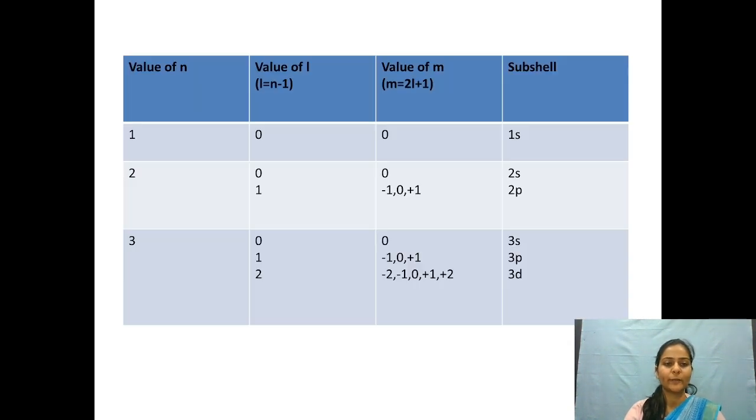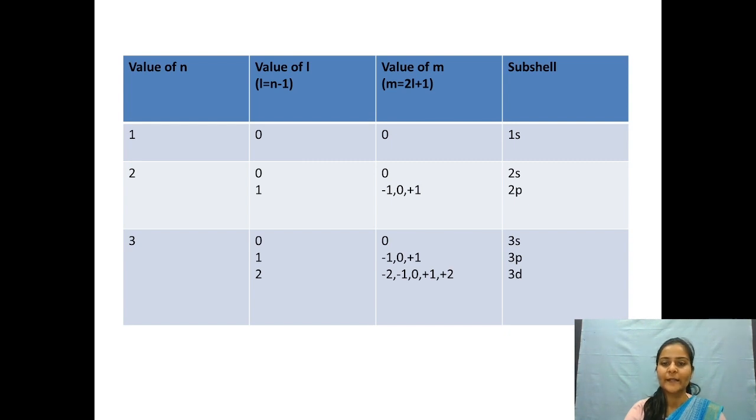Here we can see from the table. Again, I am taking the example for n equal to 2, where the principal quantum number value is 2 and the value of the subshell will vary from 0 to n minus 1. Here n minus 1 is 1. So I can say that L will vary from 0 to 1 and the value of m will vary from minus L to plus L. When I take L equal to 0, m will be 0, right?